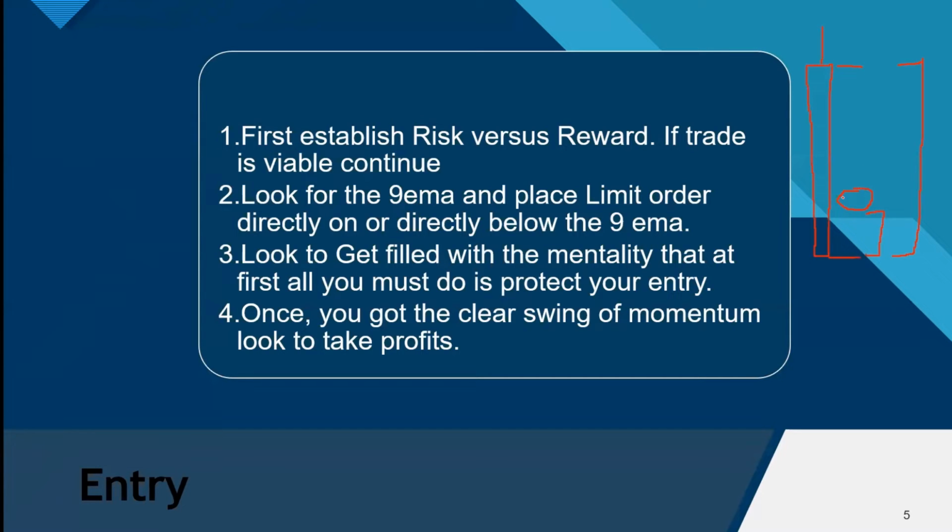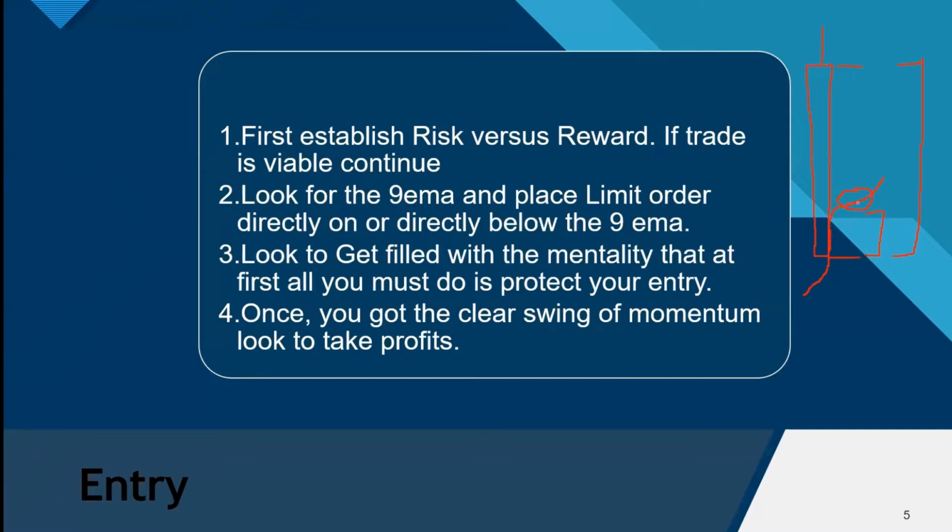So the real key is just going to be, where can we get in? The 9 EMA has a tendency of coming in like this, curling whenever there's a huge volume, and kind of signifying where we're going to try to get this stock. Okay. So as the stock makes this extension, the only thing you need to do is measure that risk and look for your 9 EMA. Look for where you think it's going to cross on the next candle.